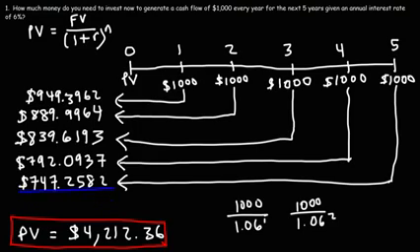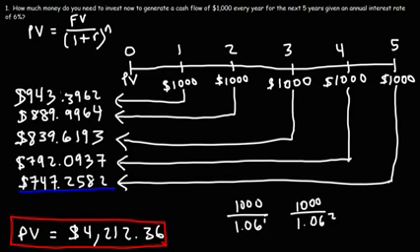Now I do need to make one small correction. 1,000 divided by 1.06 raised to the first power is not $949, but it's $943. So let me just correct that. So now let's go ahead and add these five numbers.